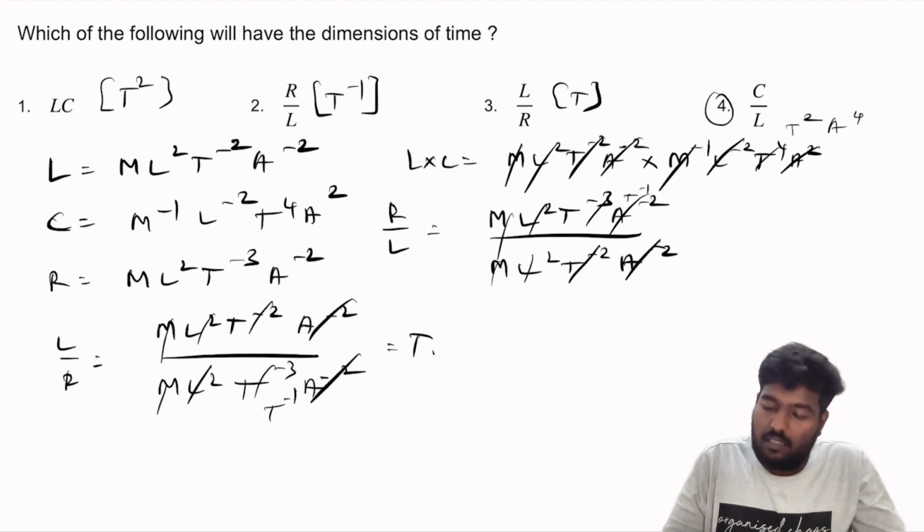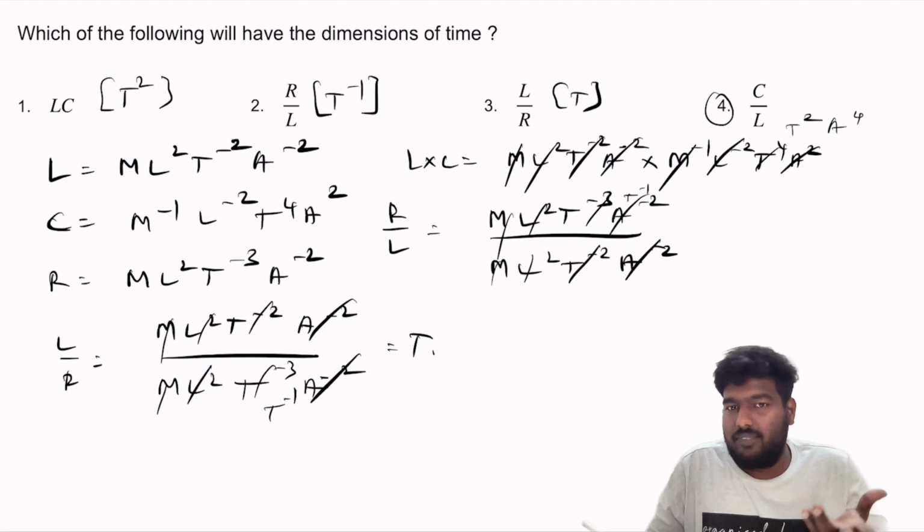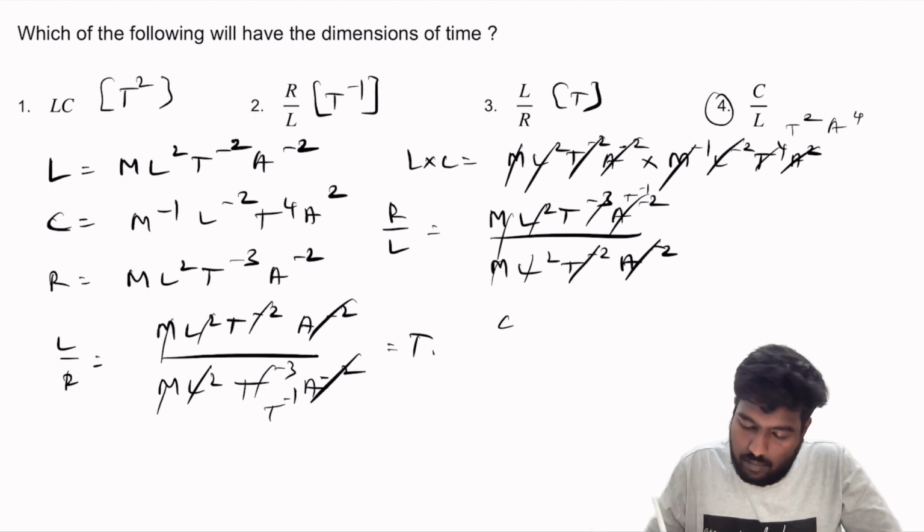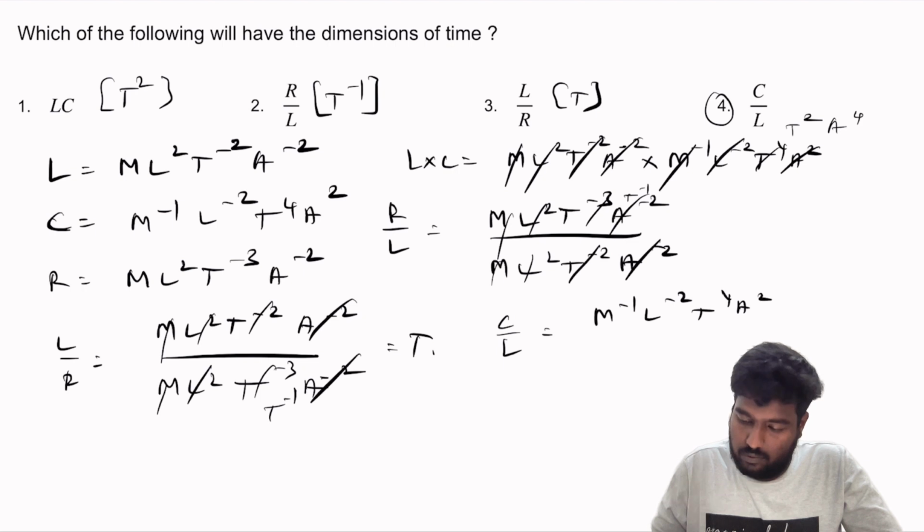C by L, we don't have to consider, but still we will work out C by L, which is M inverse L power minus 2 T power 4 A power 2 divided by L, which is M L square T power minus 2 A power minus 2.